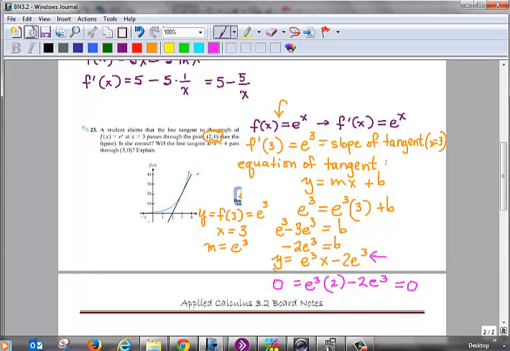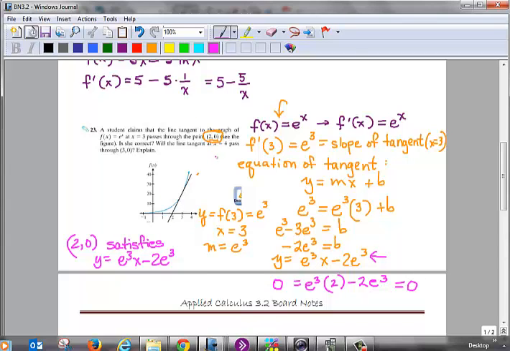So the point (2, 0) does satisfy the equation of the tangent line, which is this guy. And therefore, it passes through that point.